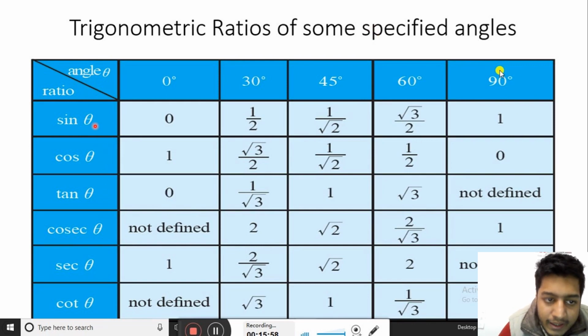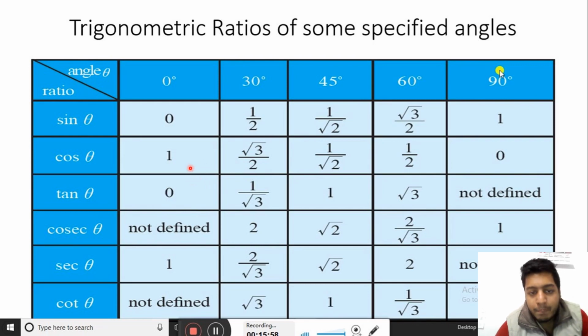And tan theta is sine theta upon cos theta, so this table can be written based on these two only. One important thing to note here is that the values repeat themselves in a flipped way: 1 is here and 1 is here, then root 3 by 2, root 3 by 2, 1 by root 2, 1 by root 2, half, and 0, 0.